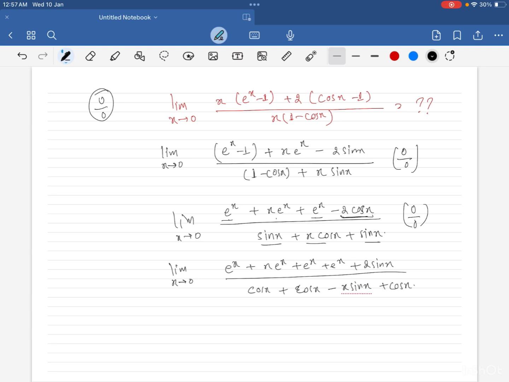Now put limit, so that is going to be 1, this is 0, this is 1, this is 1, and this is 0, so 3 divided by 1, 1, 0, 1, so 3 divided by 3, that is 1.